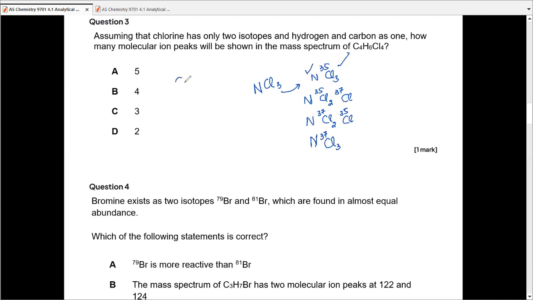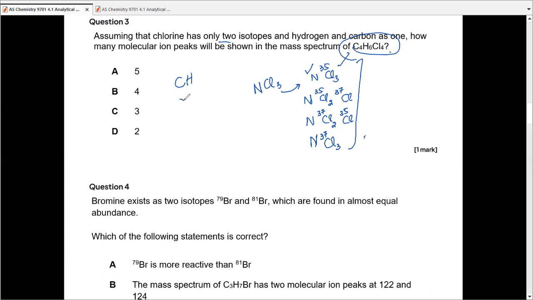Now consider carbon has one isotope, hydrogen has one isotope, and we have two isotopes for chlorine. How many possible scenarios or arrangements like this can you make out of this molecule? Remember, carbon has only one isotope, so there would be no difference in C4. Hydrogen has only one, there is no difference in H6. The only difference we can bring about is in Cl4, where there are a total of two isotopes.